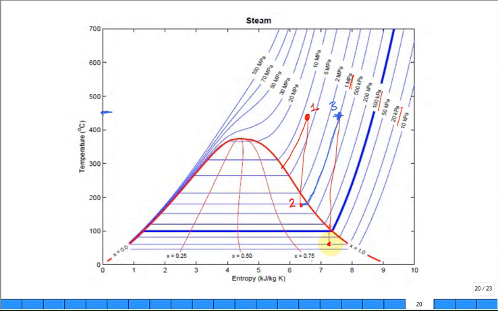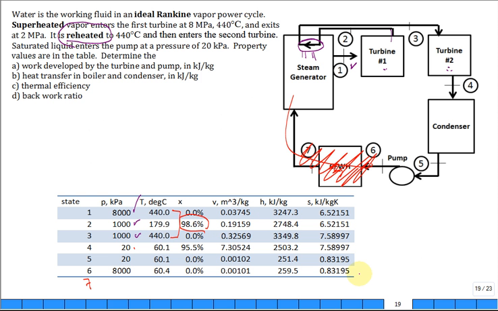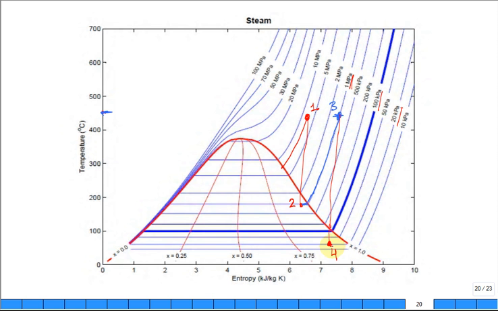And that was state 4, right? The quality at state 4 is around 95, 96%, which looks reasonable on this plot of the TS diagram. Okay? But then you condense. There's state 5, true. And then state 6 is after the pump.